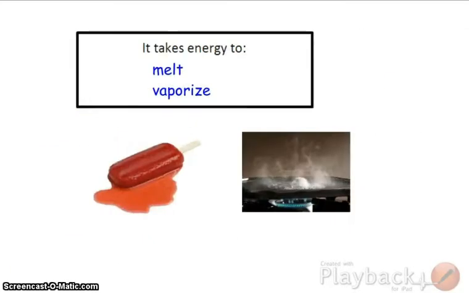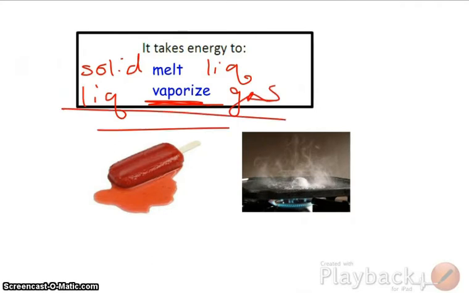But what happens when you boil that water is you put it through a phase change. You have it vaporize. So melt is solid to liquid. Vaporize is liquid to gas. So what happens is that energy goes into making the water vaporize into steam or gas.